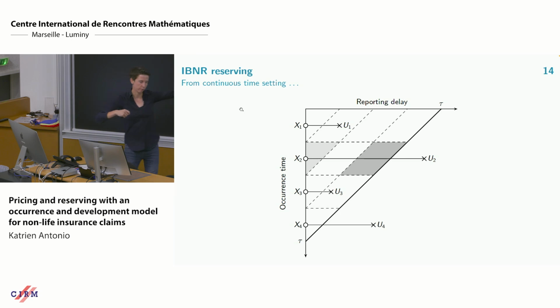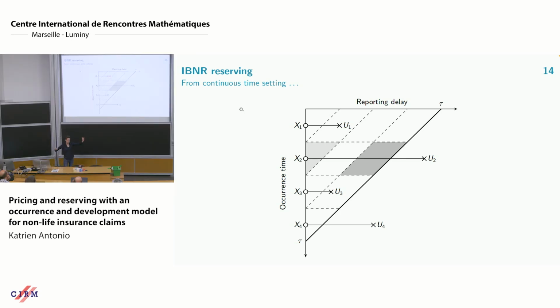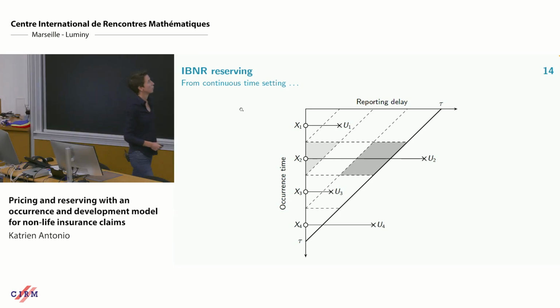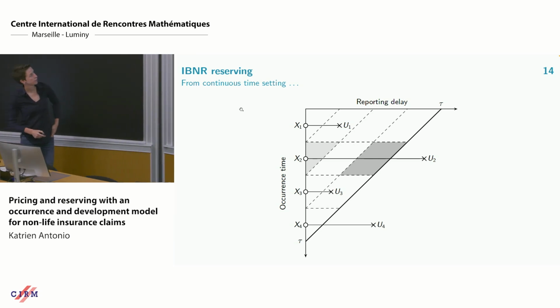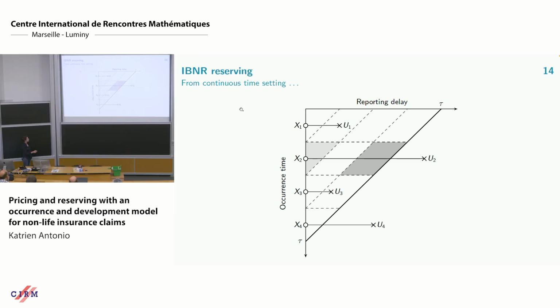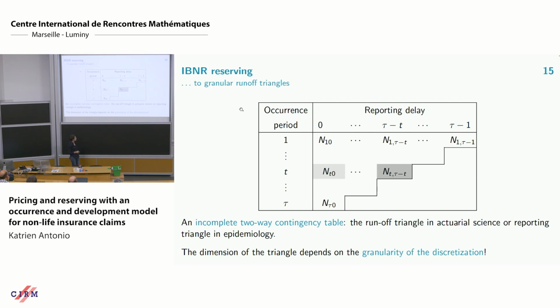So I say, okay, I have contracts, I follow them between 2004 and 2015 or something, and I look at all the claims that occurred over all the contracts in my portfolio throughout that time, right? And here with the dashed lines, you see the kind of discretization or aggregation that's typically going on here.